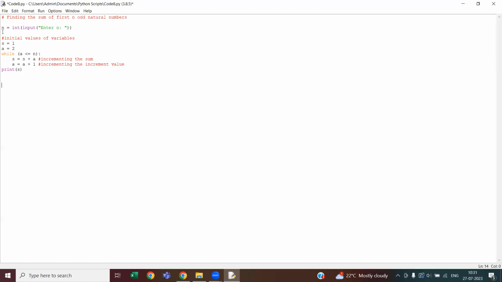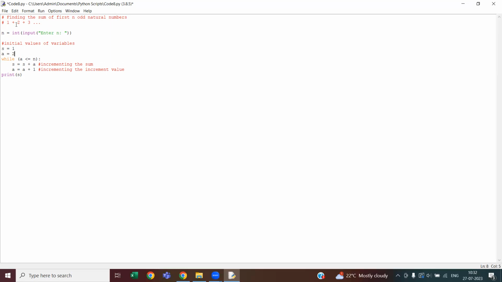When we were adding the first n natural numbers, we were just saying 1 plus 2 plus 3 and so on up to a value n, right? And these numbers 1, 2, 3 and so on were stored in a variable a, and in every iteration we were updating the value of this a by 1.